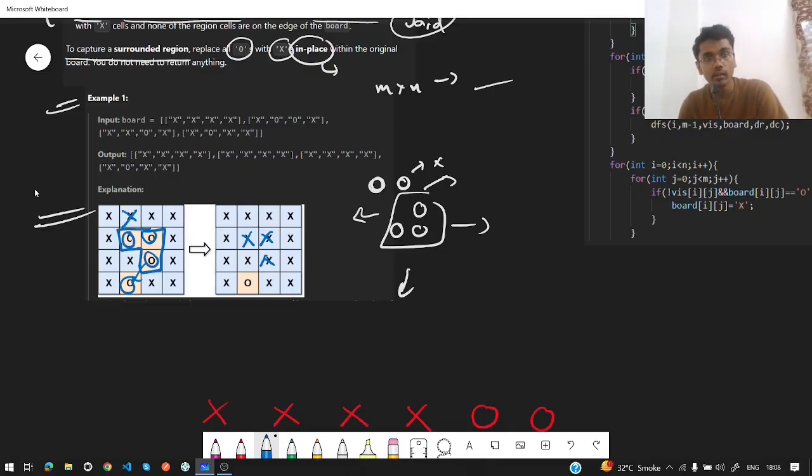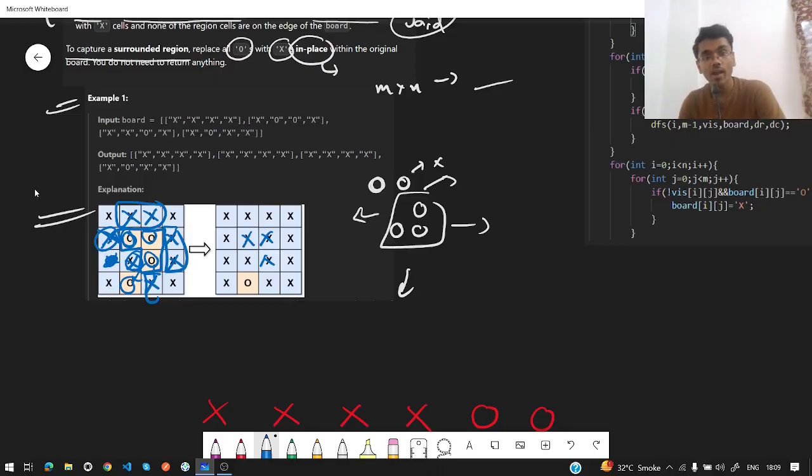You can see there is an X here, here and here, so in all 4 directions: upwards, rightwards, downwards and leftwards, they are surrounded by X only. So these O's can be converted to X, none of the other O's can be converted.